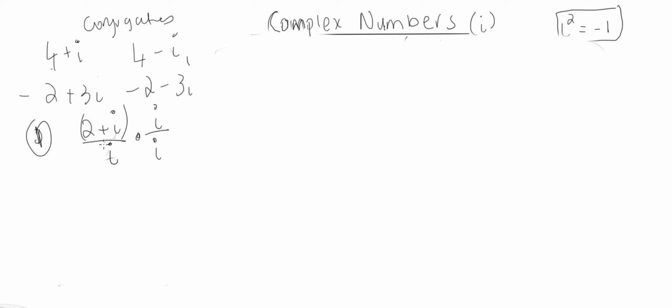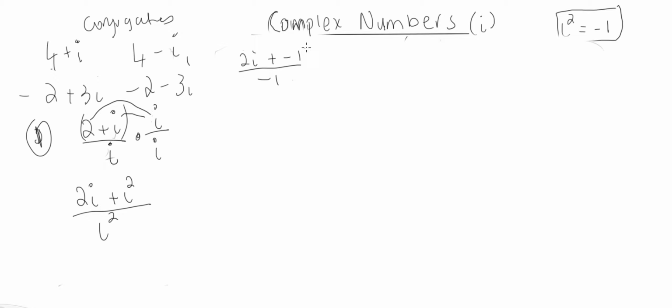Now this is a binomial, so I will need to distribute that i. i times 2 is 2i. i times i is i squared. Over i times i, which is i squared. So now remember i squared is negative 1, so we have 2i plus negative 1, over negative 1.